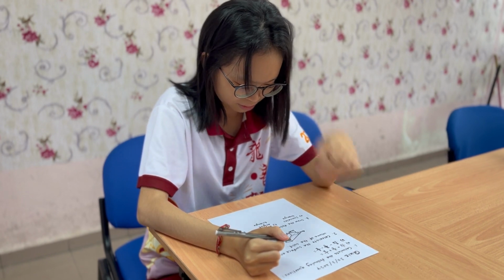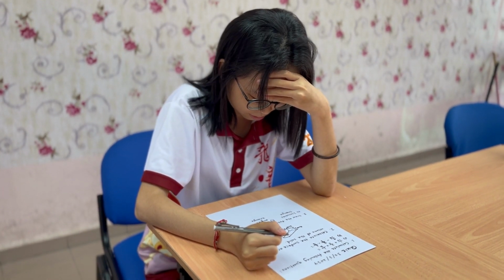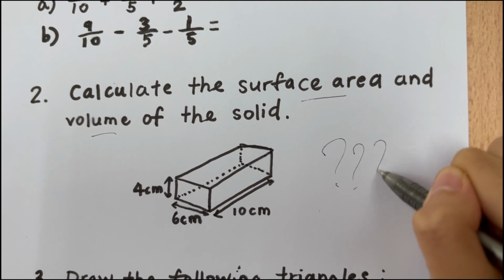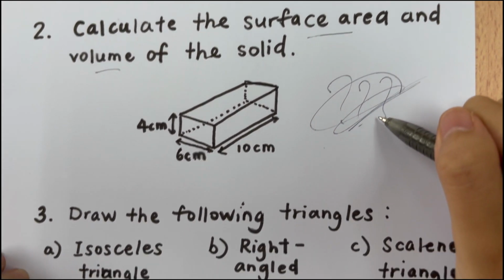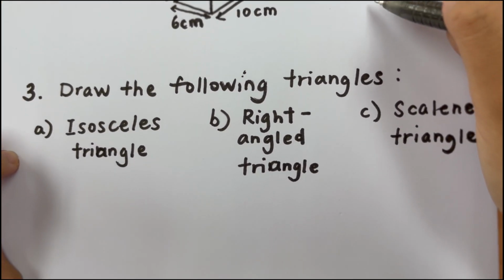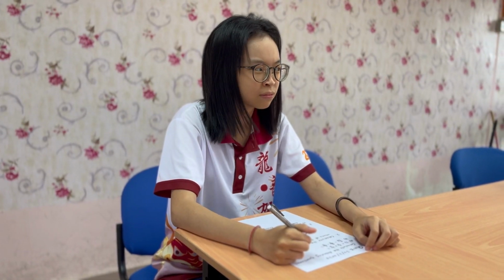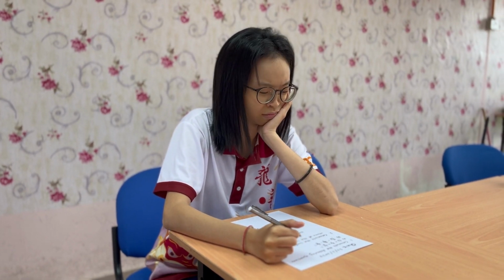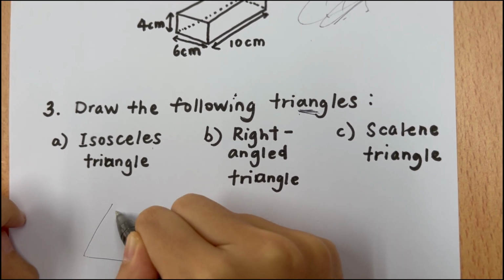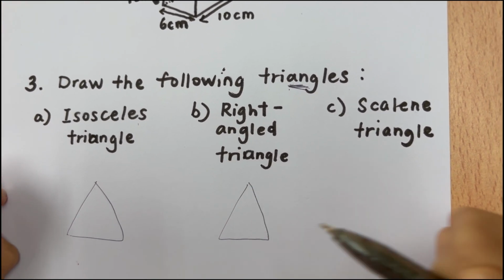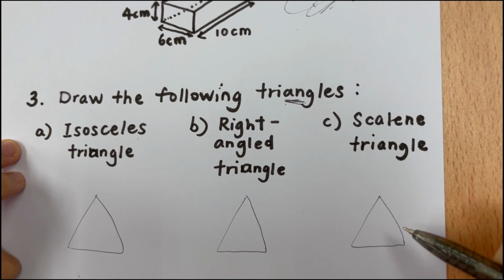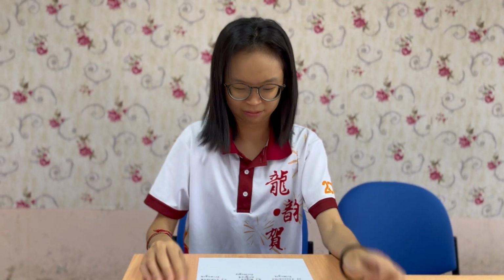How am I supposed to calculate that? What are the meanings of these triangles? I don't remember if I have learned it before. Maths is so hard!